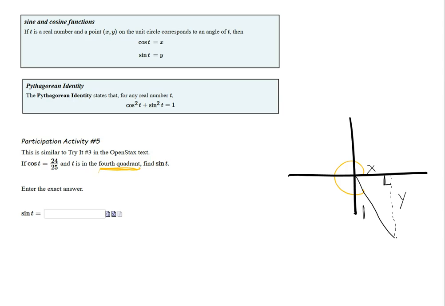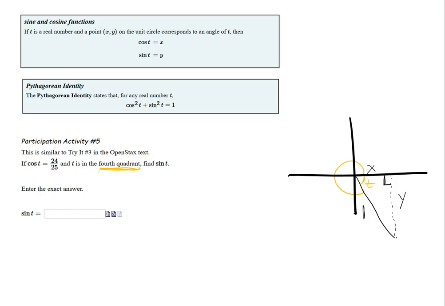They're saying that the cosine of your angle is 24 over 25. Wait, I forgot to put my angle measure in here. Okay, here is t. There are several ways I can do this.